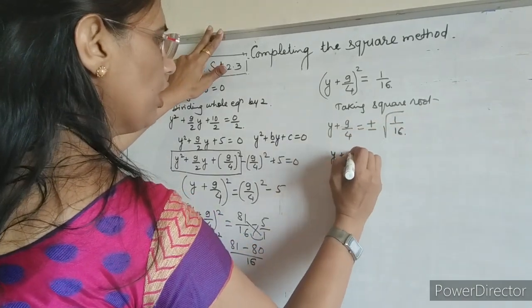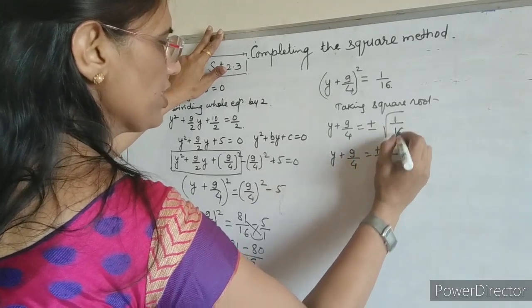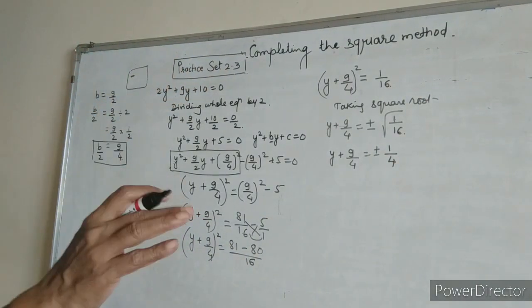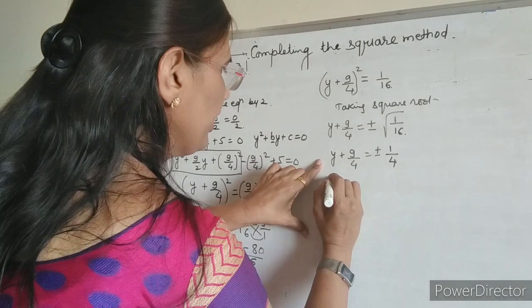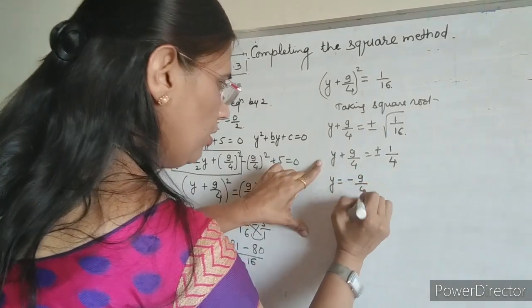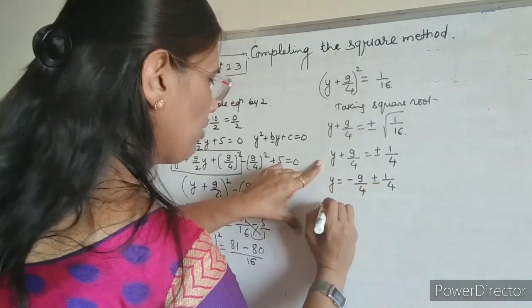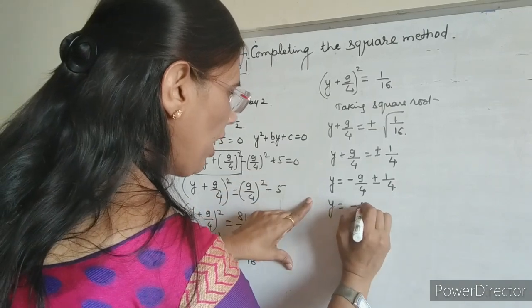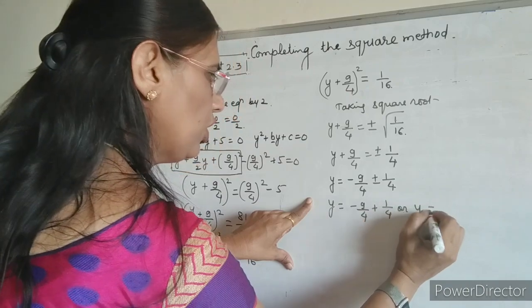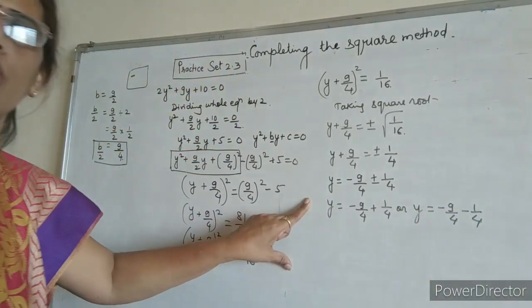That is y plus 9 upon 4 equals, since 1 is the square of 1, and the square root of 16 is 4, a perfect square, therefore we get y is equal to minus 9 upon 4 plus 1 upon 4, or y is equal to minus 9 upon 4 minus 1 upon 4.